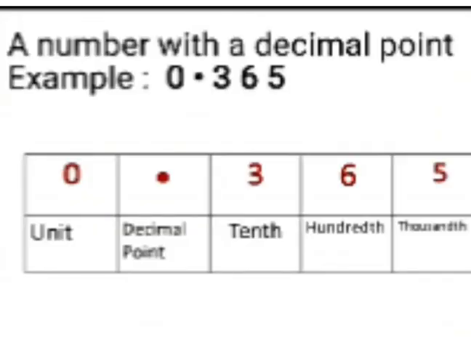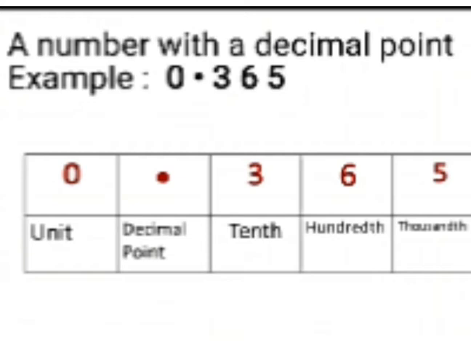Decimal fractions are numbers with a decimal point. Example, 0.365. You can see a table just below there. That table tells us the place value of this decimal fraction. Notice the letters TH are added to the numbers immediately after the decimal point.